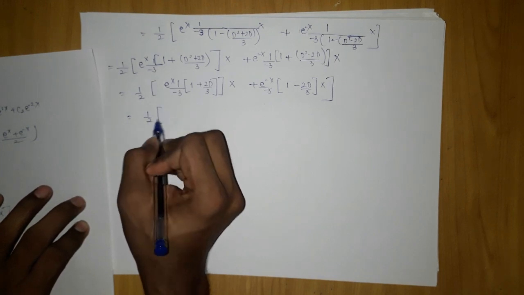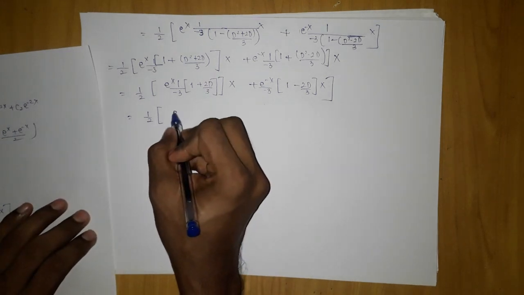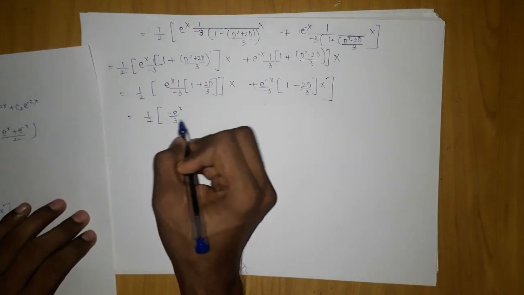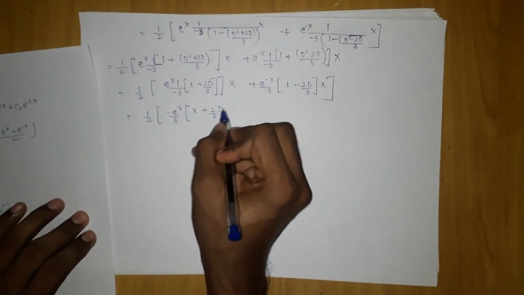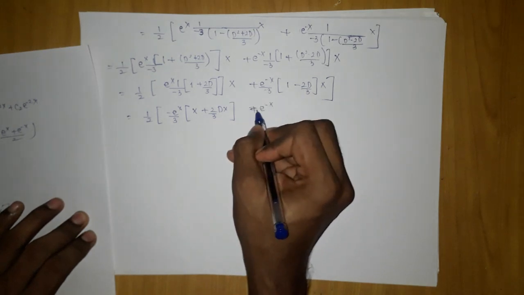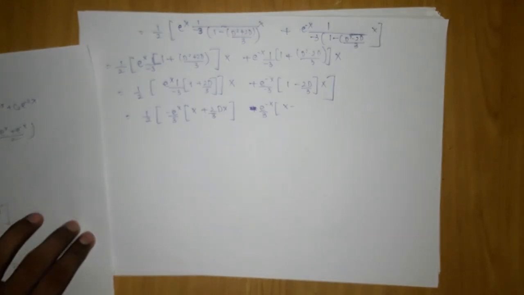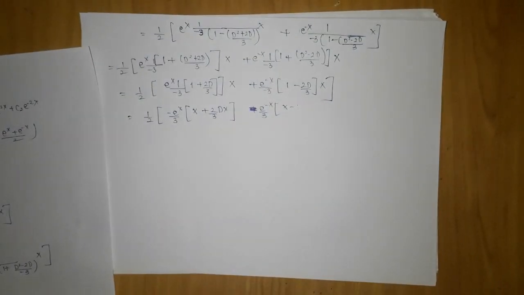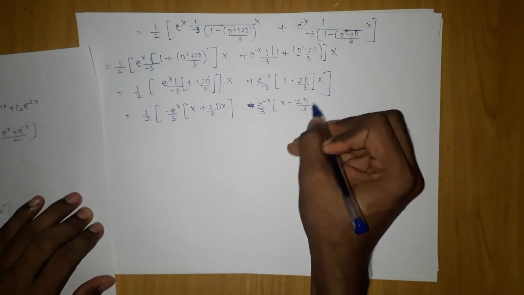So 1 by 2 bracket. So what we are getting here is something like finally e to the power x and minus 3 will be here. If we multiply x plus 2 by 3 Dx plus e to the power minus x, here minus 3 will be there, minus this will become minus, this will be x minus 2D by 3 into x.